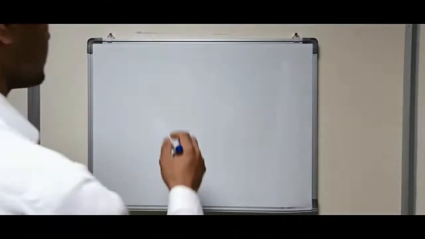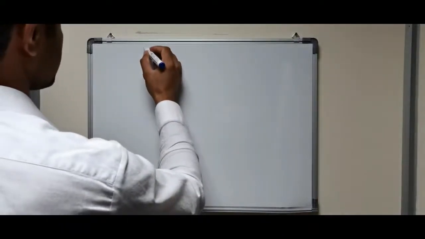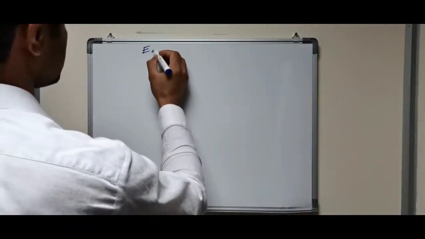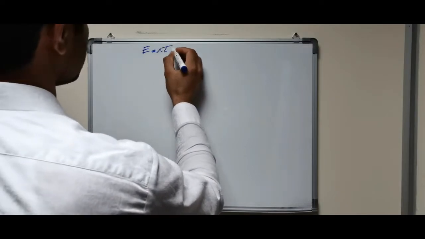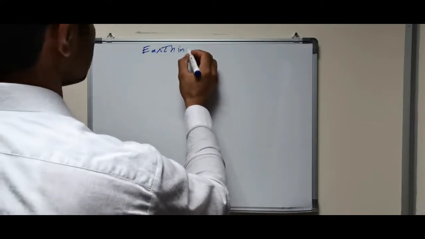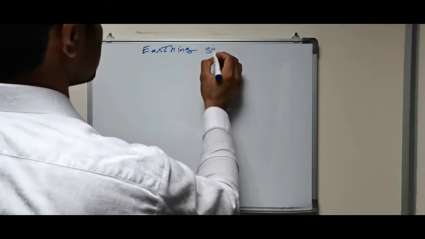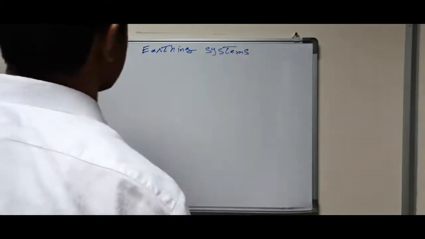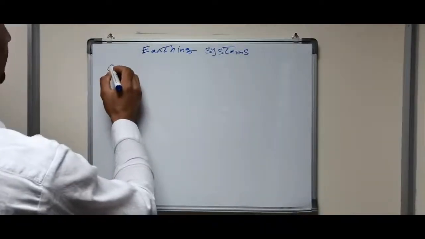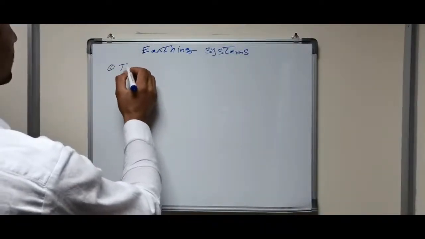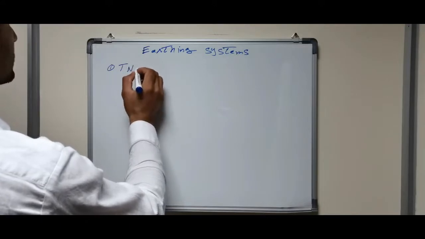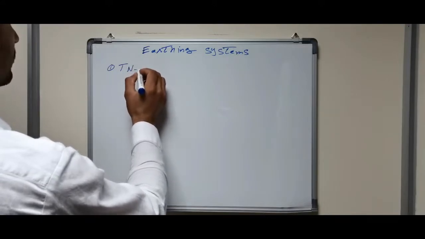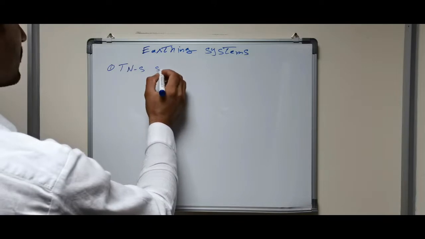Friends, today we will discuss the earthing system arrangement. There are three types of earthing system. Number one is TN-S system.